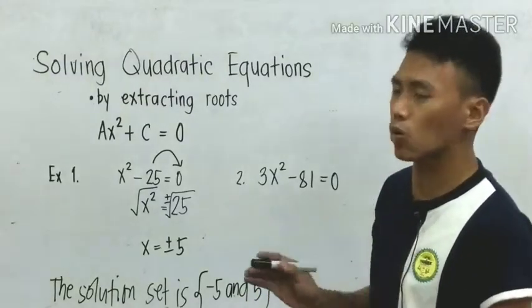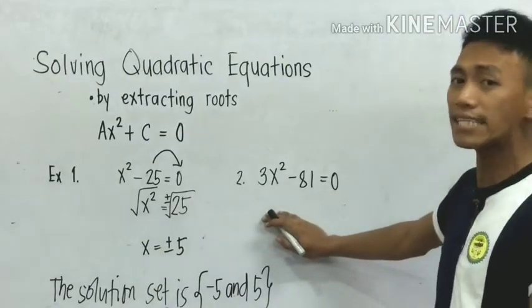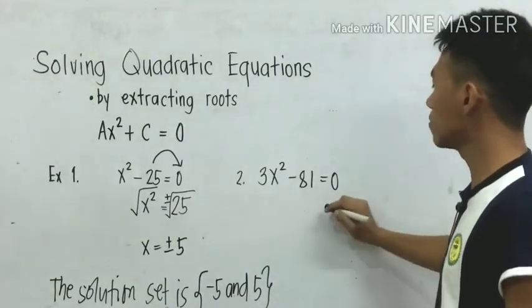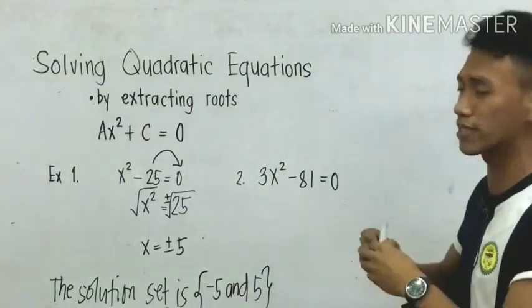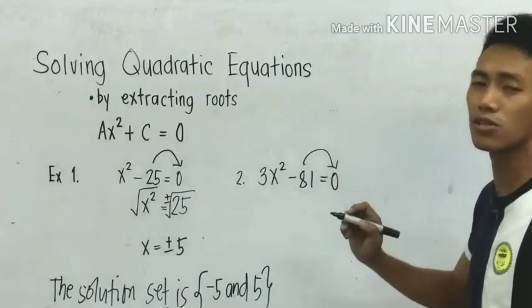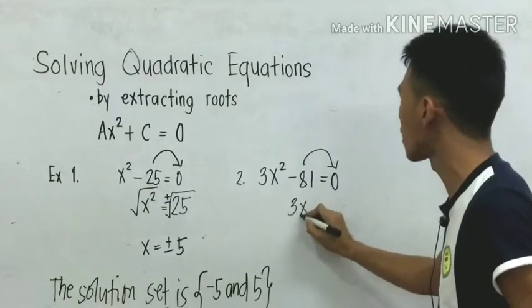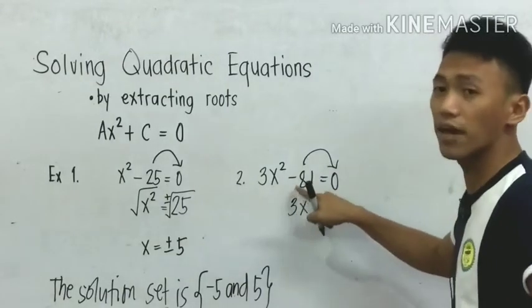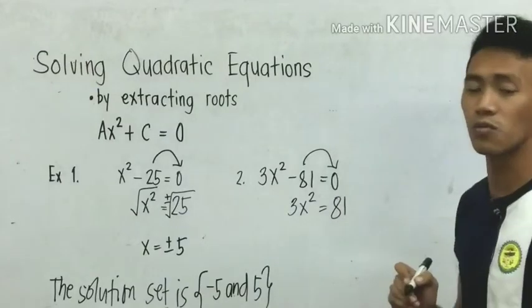Okay, let's proceed to our example number 2. We have 3x squared minus 81 is equal to 0. So, sa unang step, imong i-transpose ang imong constant term dito sa other side. So, we have 3x squared, negative 81, i-transpose, mahimong positive 81.